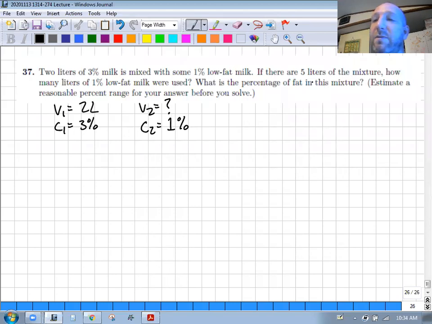If there are 5 liters in the mixture, V3, which is V1 plus V2, is 5 liters. How many liters of the 1%? Well, if you had 2 and you're adding something to it to get 5, this obviously has to be 3 liters. What is the percentage of fat in the mixture?